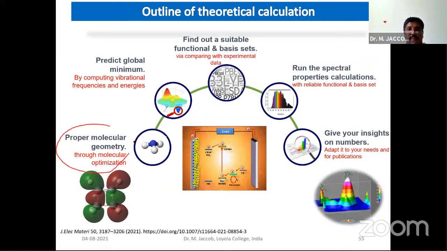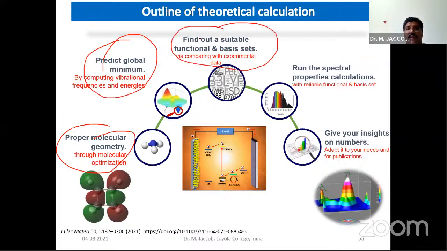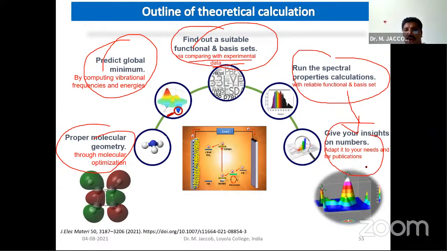First, a proper molecular geometry and predict the global minimum, and then find the suitable functional and basis set by comparing with the experimental data, and then run the spectral property calculation with whichever reliable functional and basis set you obtained from comparing with the experiment, and then give your insights on the numbers, adapt to your needs and for publication. This is what we are going to do.